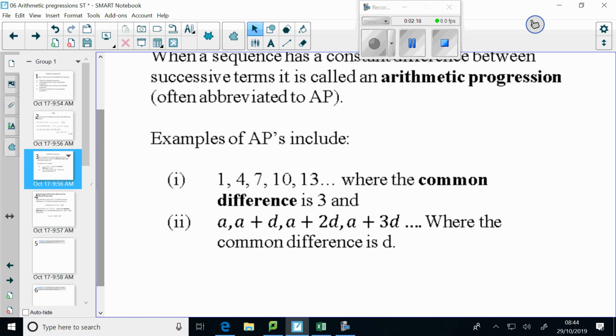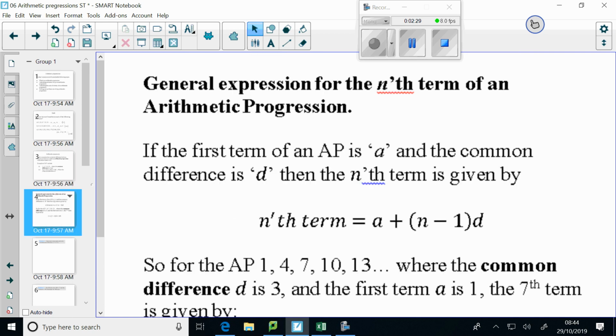Yeah, so you're starting to get a way to find out what the nth term is from writing it in that way.